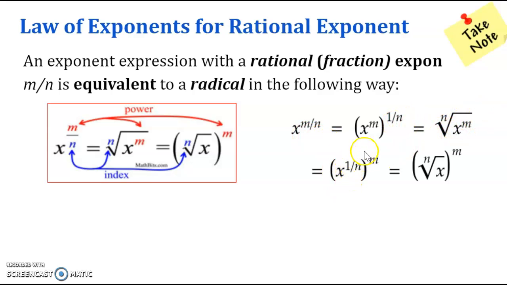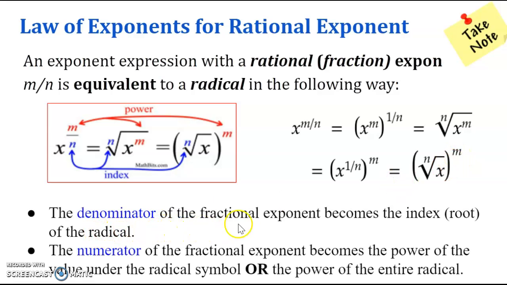Or you could think of this as x to the power of 1 over n first, and all raised to the power of m. And I know that x to the power of 1 over n is the nth root of x. And then to that, we're raising it all to the power of m.